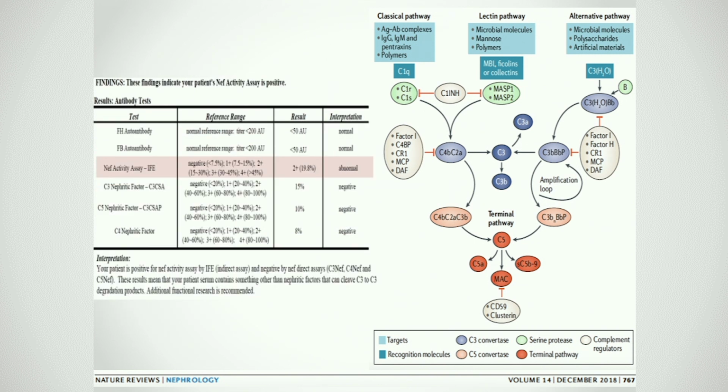So then from that point, we decided to ask some questions about activity. And so Richard was able to run a number of activity assays and found that the one assay that was abnormal was the nephritic factor assay. And that would suggest that there is an activation at the C3 level that shouldn't be there.